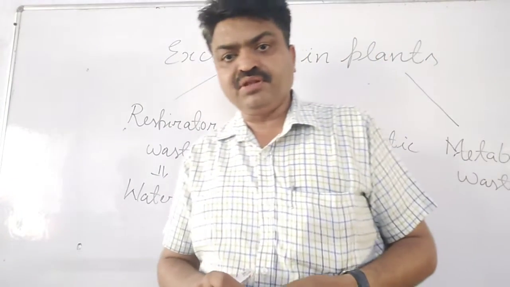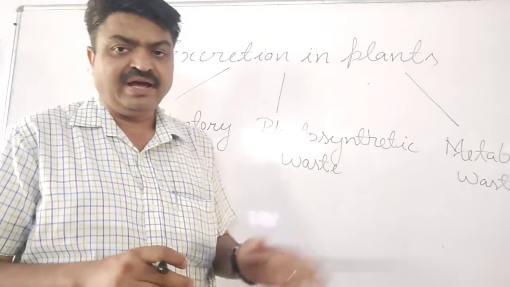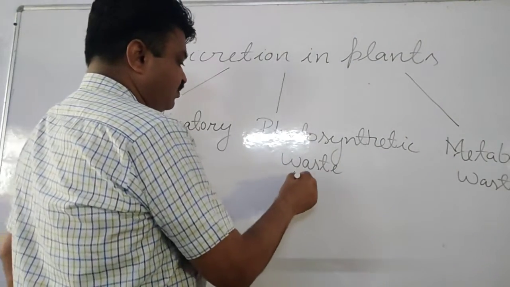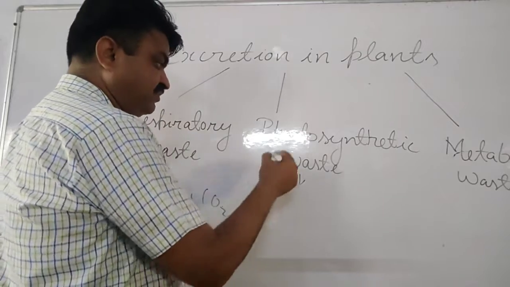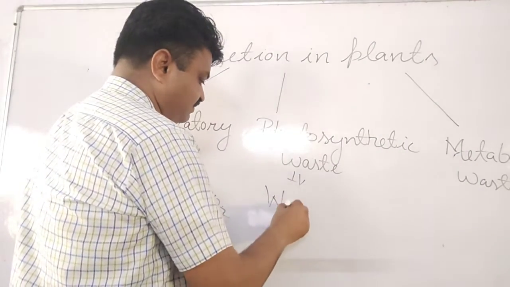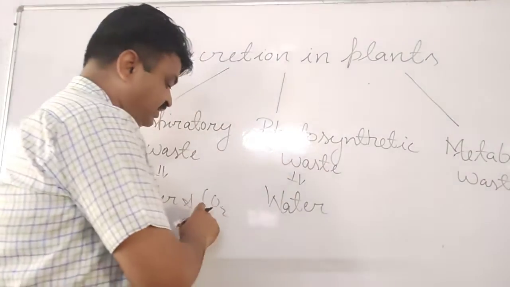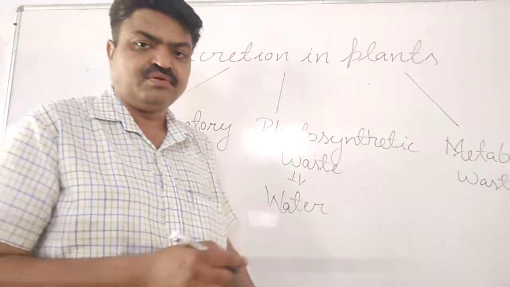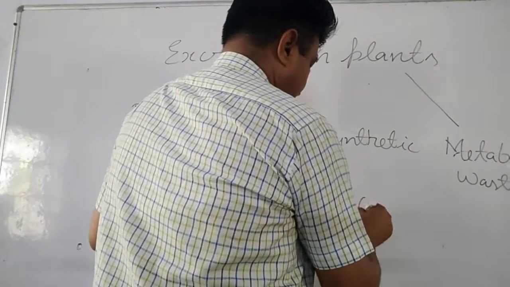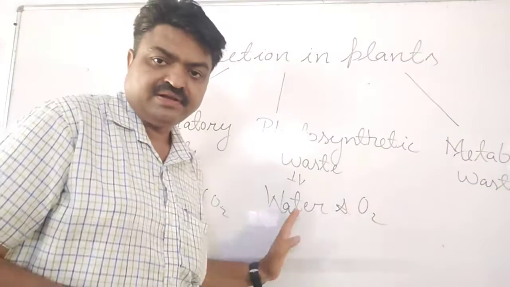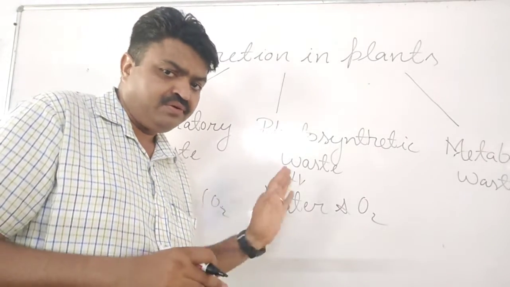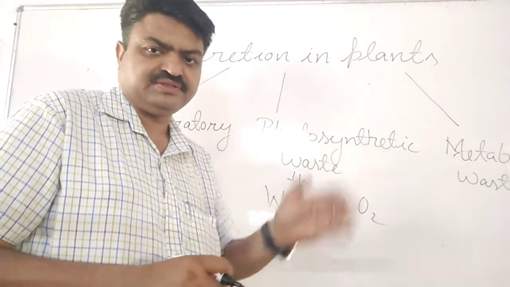Now we come to the photosynthetic waste. Like the respiratory waste, students, there are different types of photosynthetic waste, and in this what is common? Water is common. And in the place of carbon dioxide, there is oxygen. So water and oxygen are removed by their body due to photosynthesis.